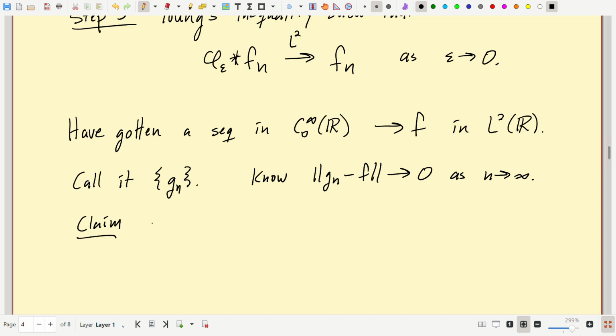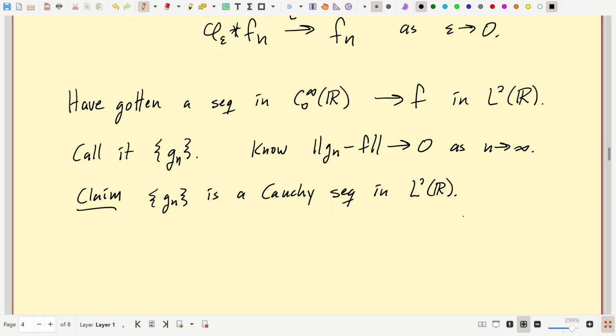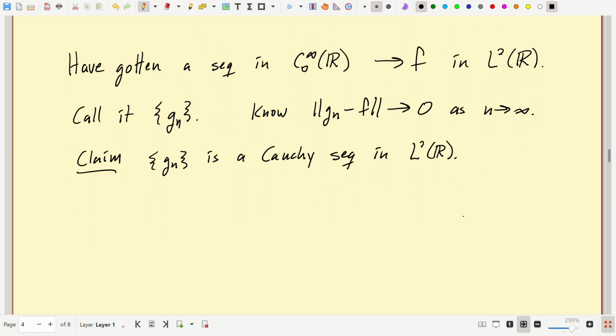So I claim that G sub n, since it converges, is a Cauchy sequence in L2. Oh, why would that be? You did this in Math 341. What would you do?